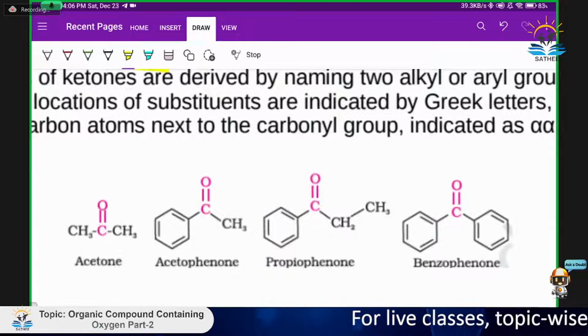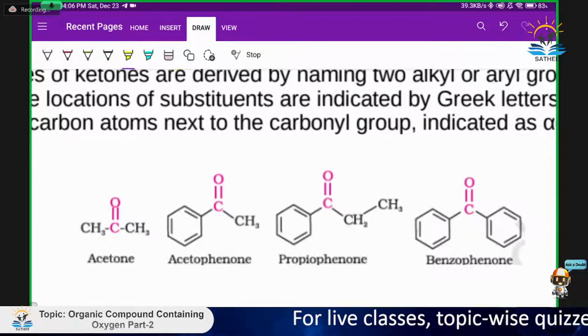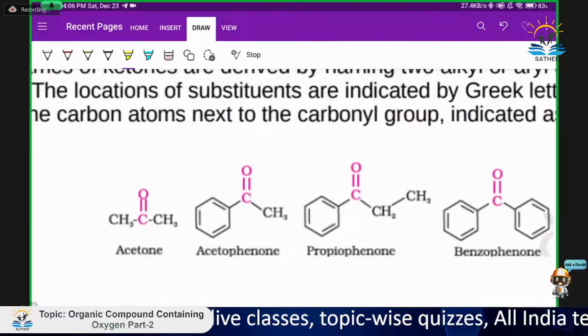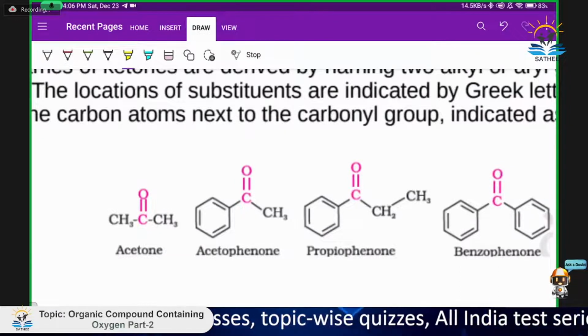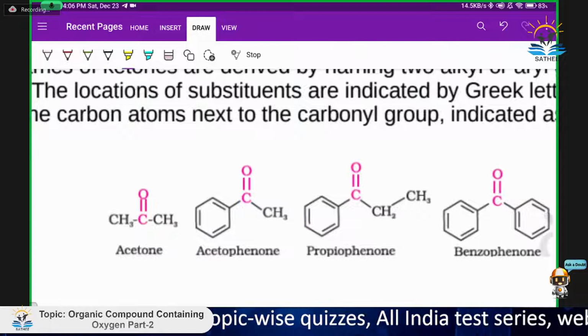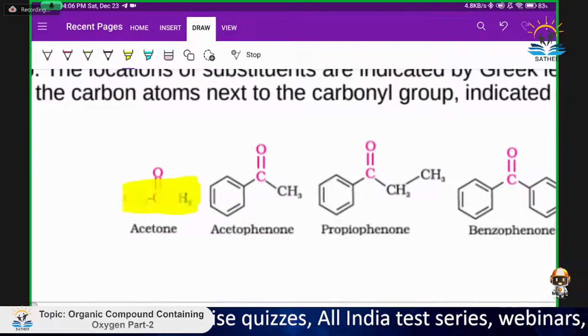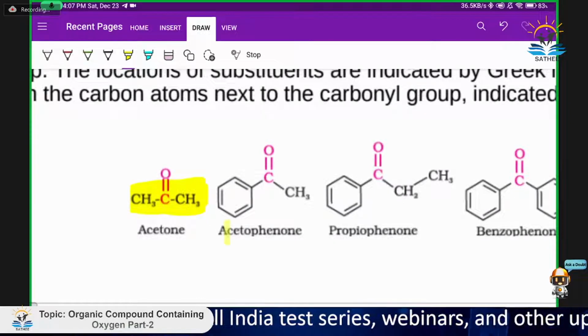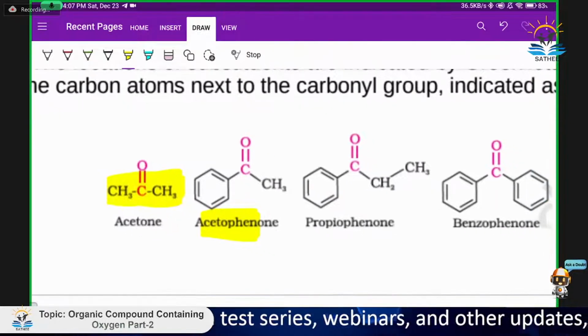So here, this is known as acetone. This compound is known as acetophenone. Similarly, here it is propiophenone.